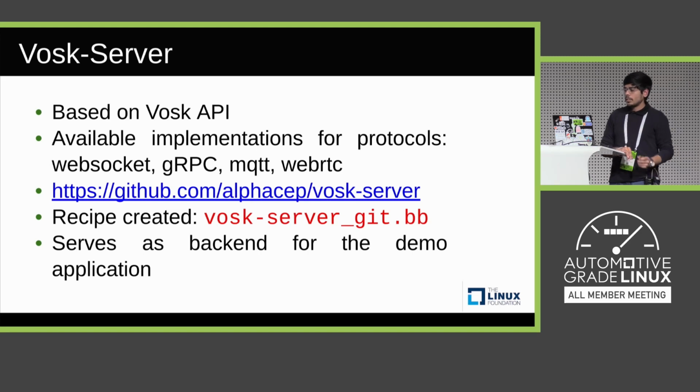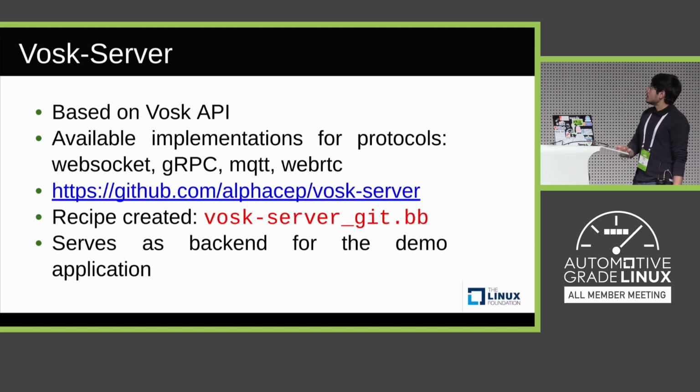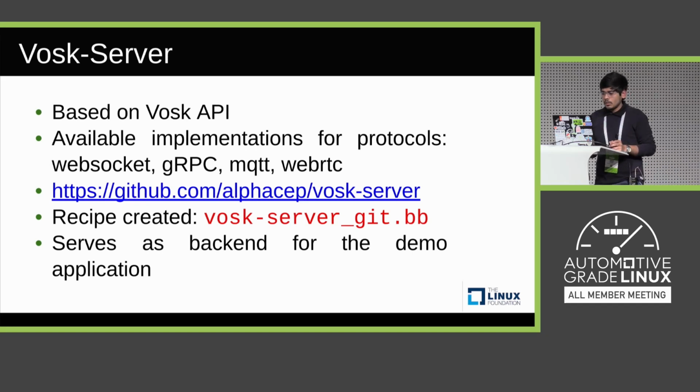Again, it's easy to use. They have provided all the example scripts. For this, we created this recipe, vosk-server git, which basically contains the Vosk WebSocket server in CPP. This was created to serve as a backend for the demo application.